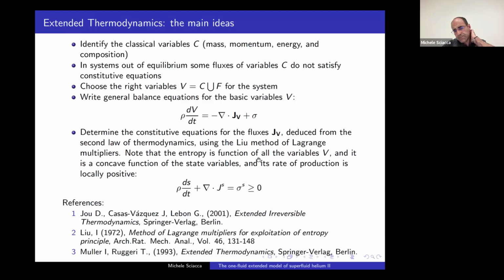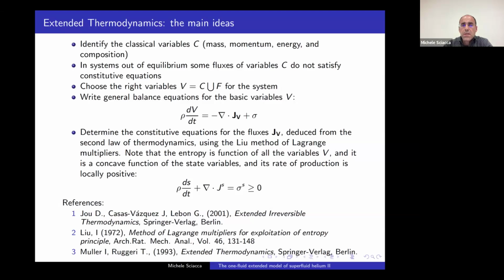All of these equations have to satisfy the requirement on the entropy, because the production of entropy, sigma S, when you have the evolution of your system out of equilibrium, has to satisfy the second law. This means that the production of entropy has to be positive.